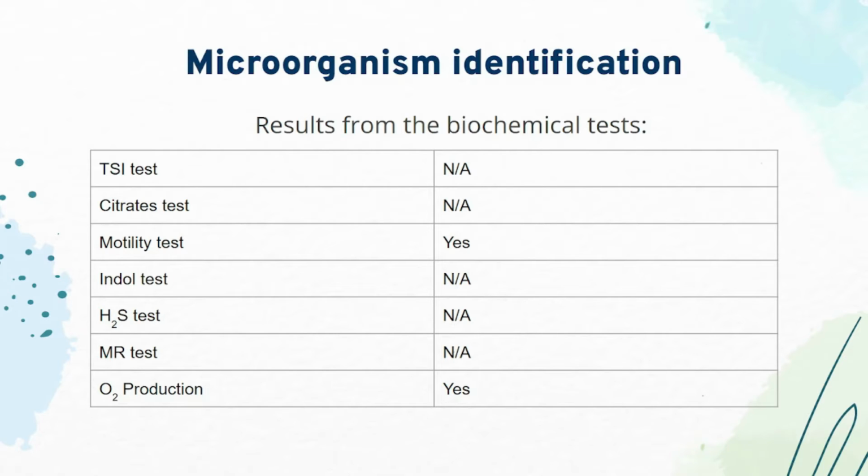We have a motility test that gave a positive. The indole test is not applicable. Neither the hydrogen sulfide is applicable. The methyl red test is not applicable, and the bacteria gave a positive in molecular oxygen production.